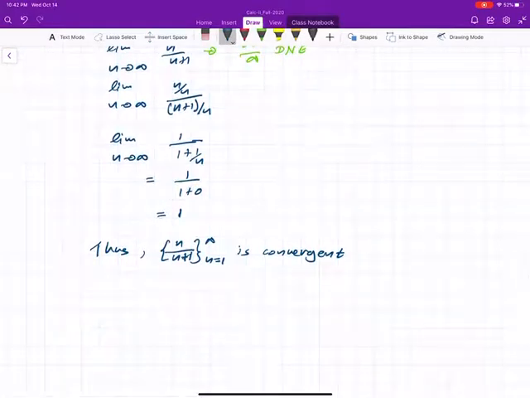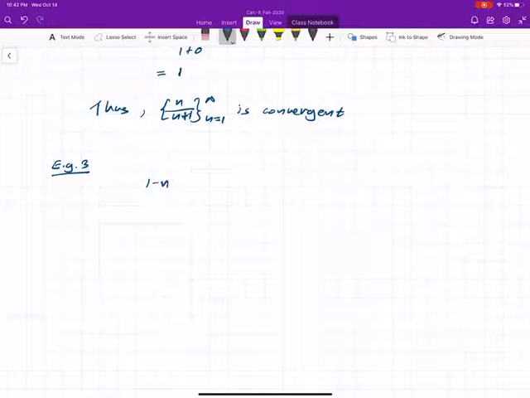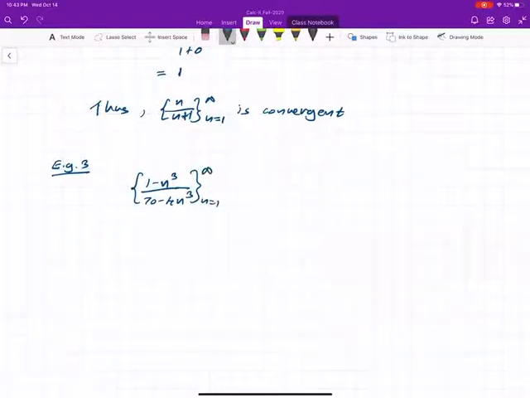Alright, so let's move to the next example. Example number 3. Now you have 1 minus n to the power 3 over 70 minus 4n to the power 3, and n goes from 1 to infinity. Is it convergent or divergent?